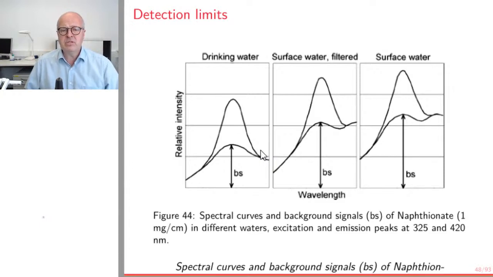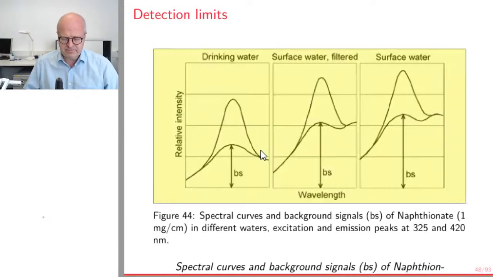So in this curve, you see the spectral signal of the sample in different waters, drinking water, surface water, and the background concentration or background scattering is shown here, the lower curve, and like the extra fluorescence produced by a tracer is on top of that. And of course, only the difference can be used for detection.